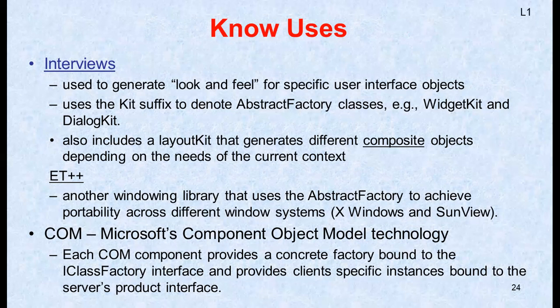Here, ET++ uses the abstract factory pattern to achieve portability across different window systems. It can be X Windows or SunView, for example. The WindowSystem abstract class defines the interface for creating the objects that represent window system resources.